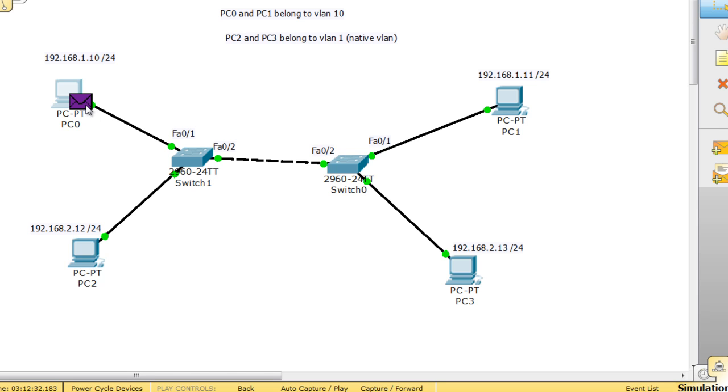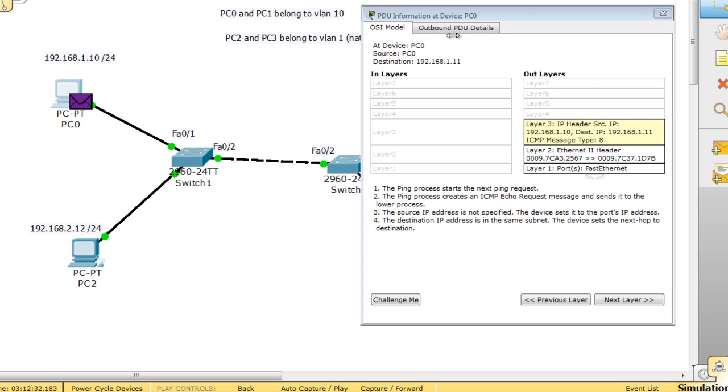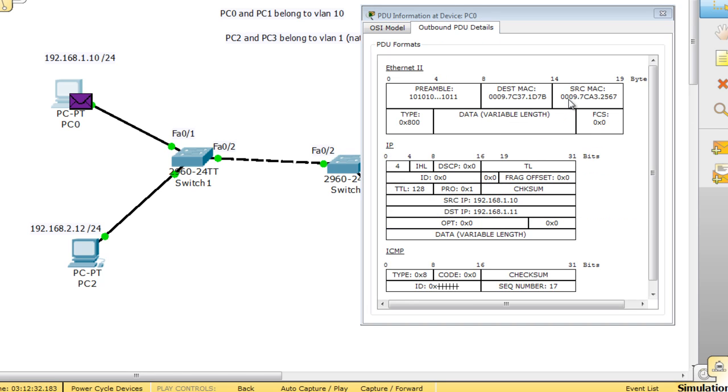Let's open up the packet and see. You see the packet only has the outbound PDU because it is leaving PC0. If you open up the outbound PDU, we see up here between the source MAC address and the type field there is no 802.1q tagging, because like I was telling you, the PC doesn't understand the tagging. So the tagging language is only for the switches.